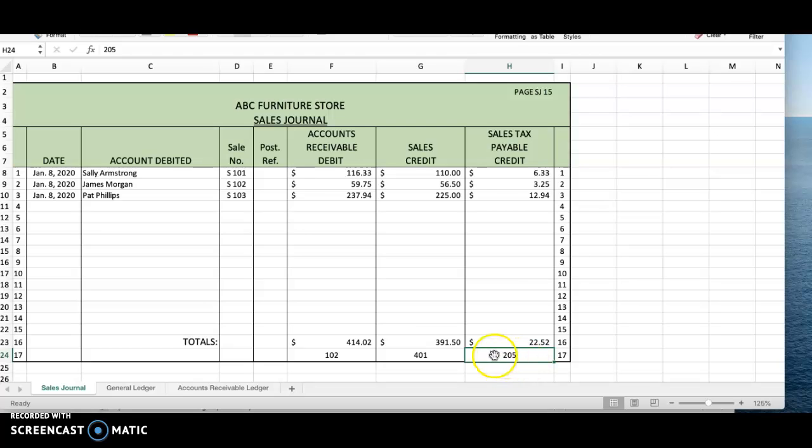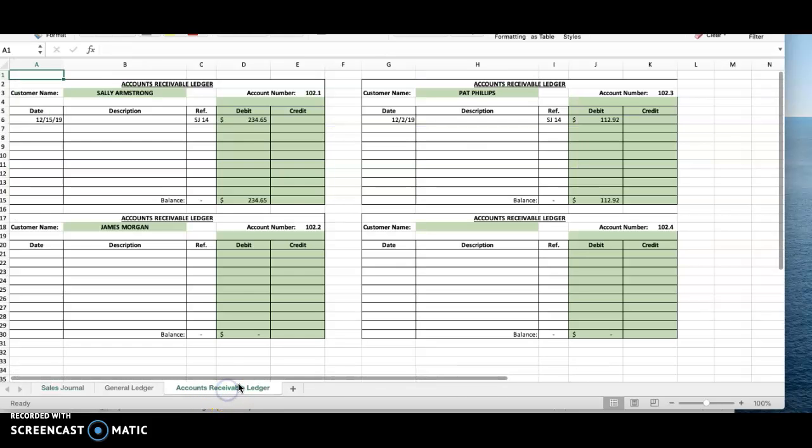Now, the only thing new would be posting to the customers' accounts. That's where we use this posting reference column. So Sally Armstrong charged something, and whatever is shown in accounts receivable debit would also be debited to her account. So we go to the accounts receivable ledger now. We find that Sally Armstrong has an account with us, and she already owes us money, as you can see.